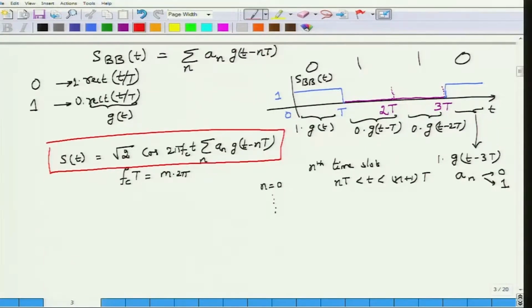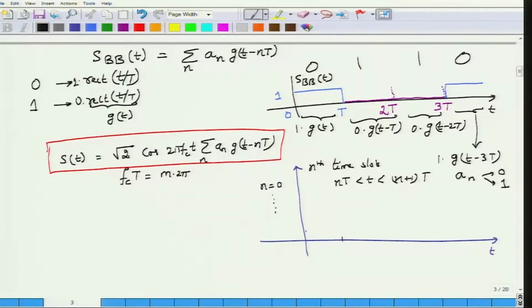You can see that the sequence a_n multiplying the time shifted pulses g(t) will determine the overall envelope of the signal. If you look at how the signal would look, if this for example represents a voltage signal, or the electric field coming out of the optical transmitter, it would be this one.